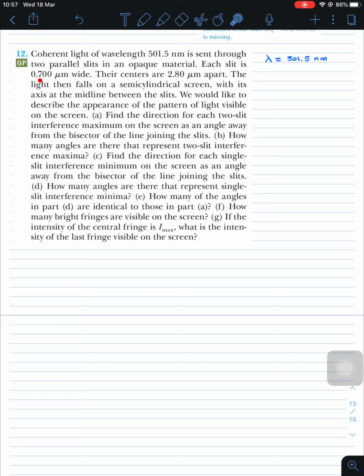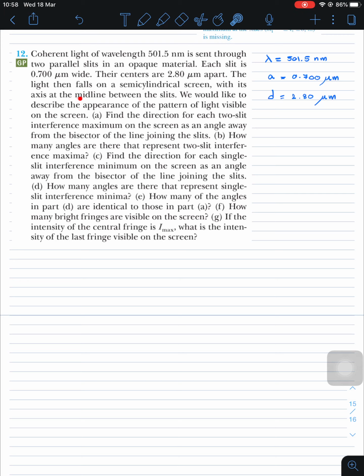Each slit is 0.700 micrometers wide, so a, the width of the slit, equals 0.700 micrometers. The centers are 2.80 micrometers apart. This will be d, the separation between the two slits.